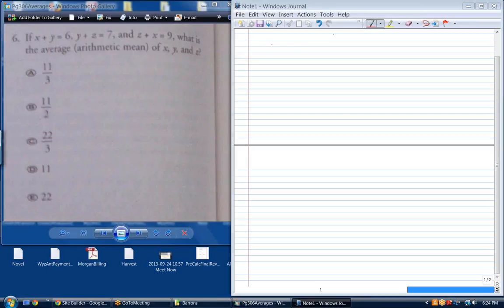Now let's write this out. x plus y equals 6. I'm going to write it a little different because this is the way I would write it if I was planning on trying elimination to answer this.